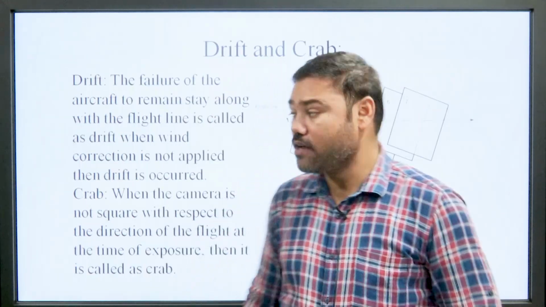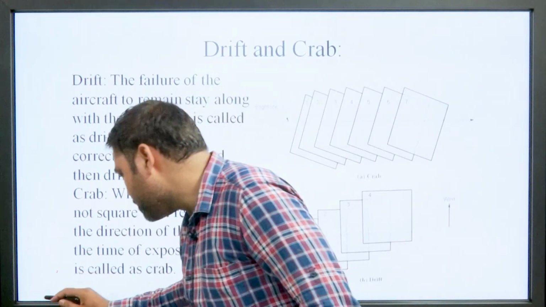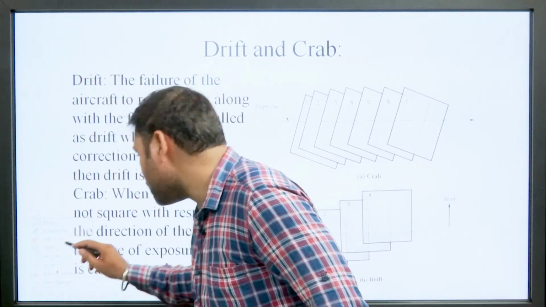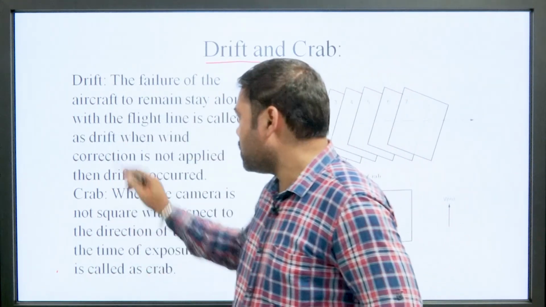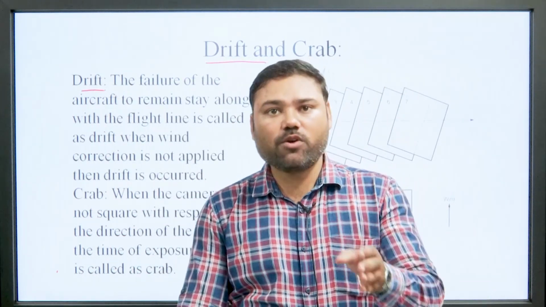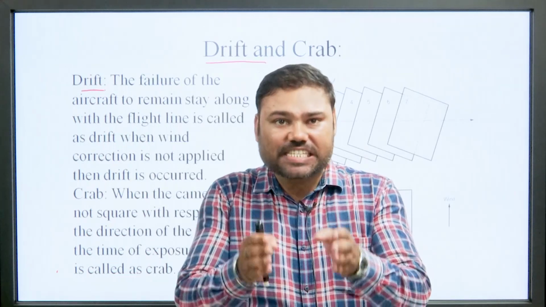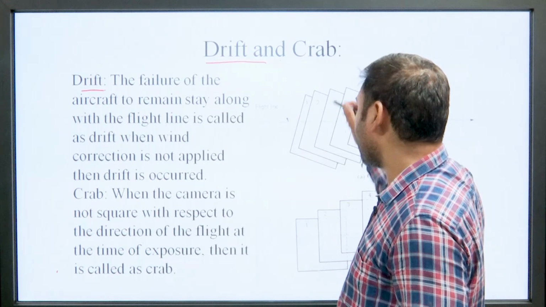There are some other reasons also, which are drift and crab. What is drift? Drift is the failure of an aircraft to stay along the line of flight.